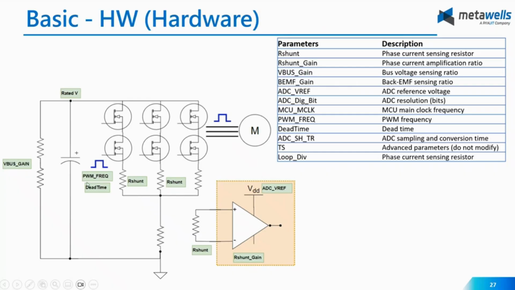And we also have to input the PWM frequency and dead time, like the amplifier gain, the ADC reference voltage, and the VBUS scan. So this page is not difficult to input because you just follow the system design to input the parameters. It's okay.